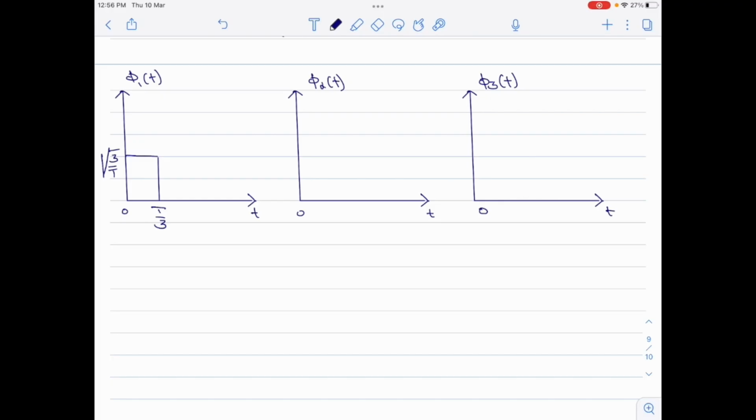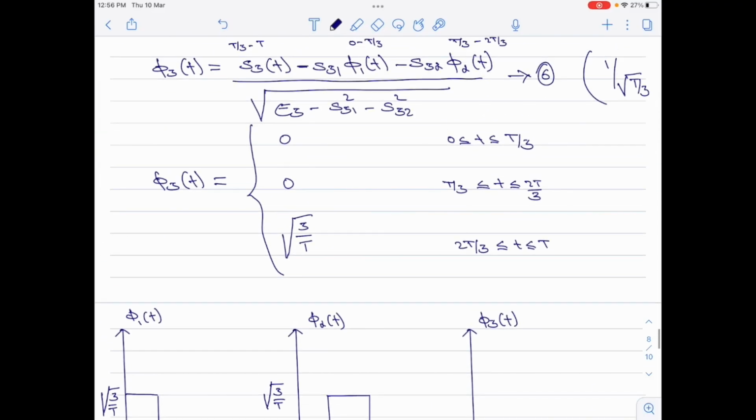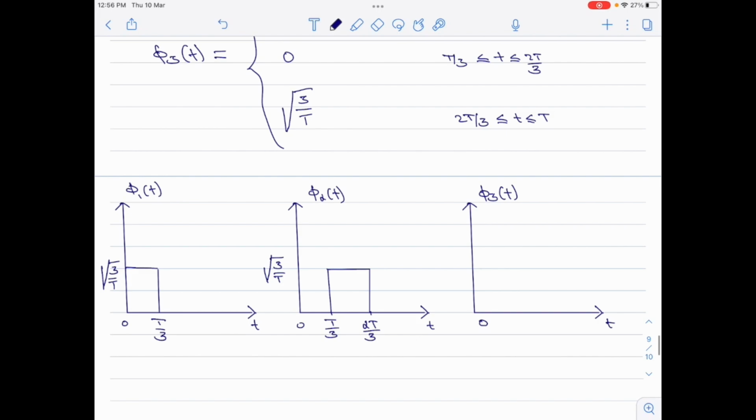From the equation we find phi 2 of t is defined over the interval t by 3 to 2t by 3 and is equal to once again square root of 3 by t. Lastly, when we come to the last basis function phi 3 of t, the amplitude of that is once again equal to square root of 3 by t, but it is defined over the interval 2t by 3 to capital T.